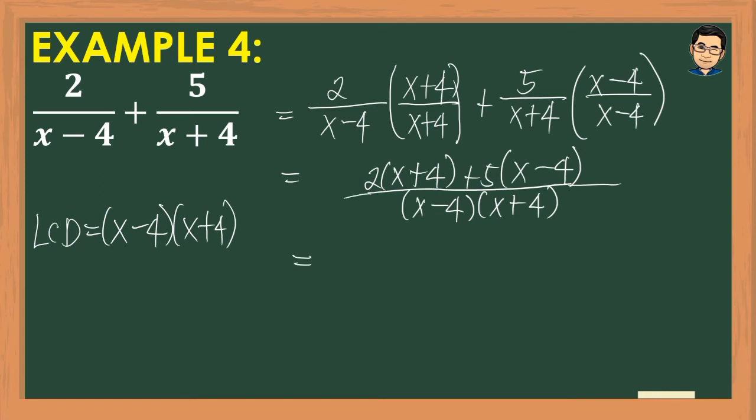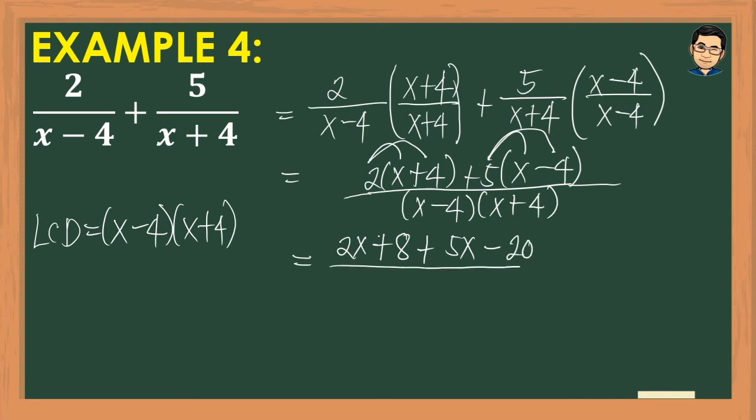So, 2 times x, that is 2x. 2 times 4, that is 8. Plus 5 times x, 5x. 5 times negative 4, that is negative 20. All over x minus 4 times x plus 4.